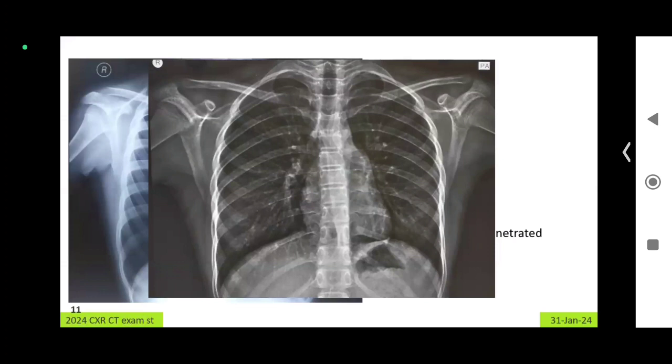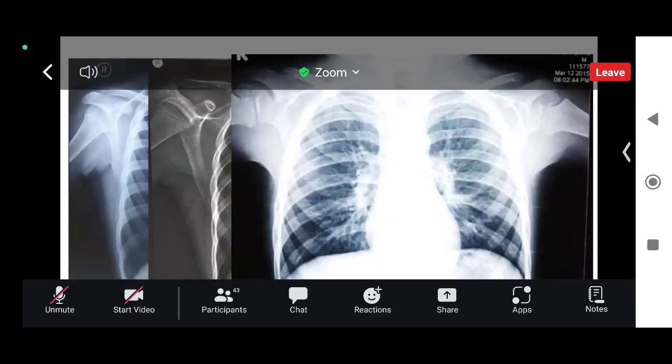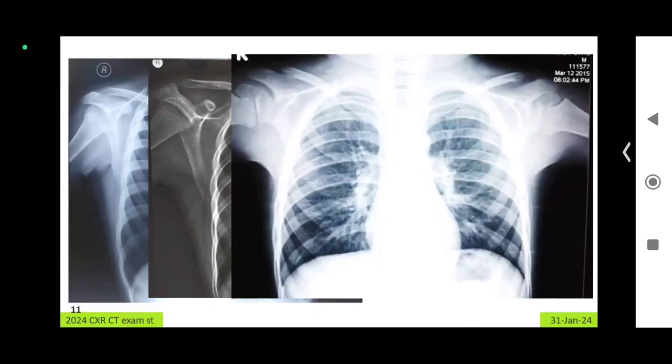Then, what is an under penetrated film? This is an under penetrated film. You are able to see the heart as if it is painted white in color. You are able to see the normal bronchovascular markings, but because it is an underpenetrated film, you will think that this child has got a bronchopneumonia.